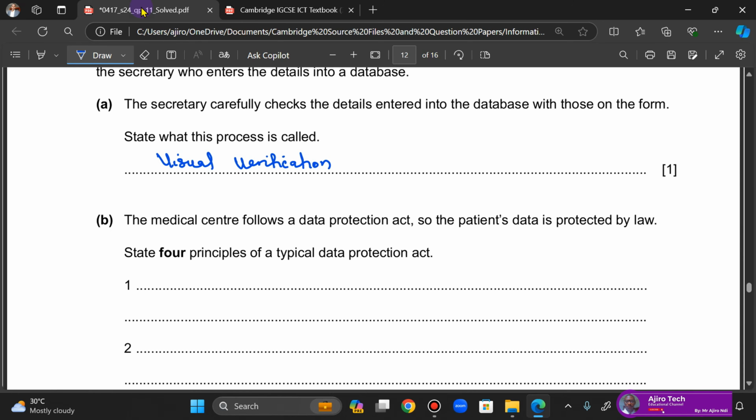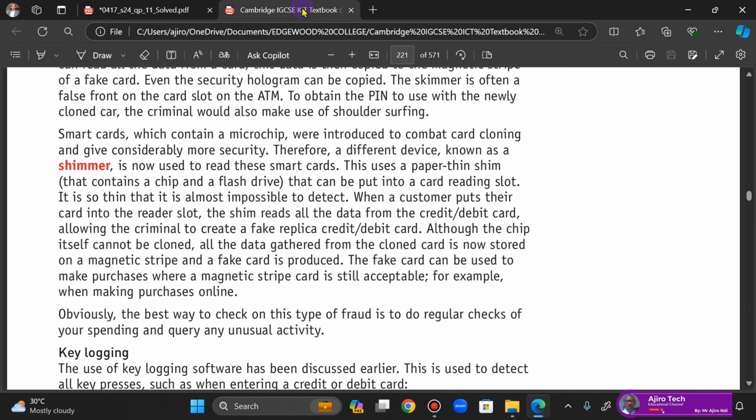The medical center follows a data protection act, so the patient's data is protected by law. State 4 principles of the data protection act. Now, this is chapter 8, safety and security, and this is e-safety.